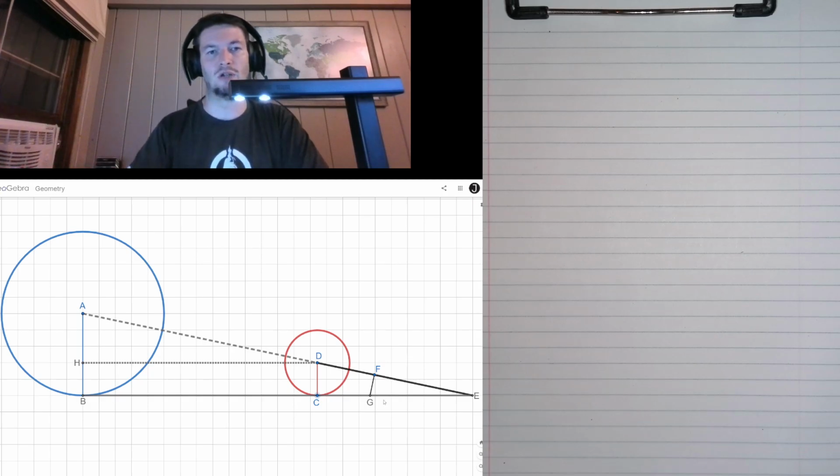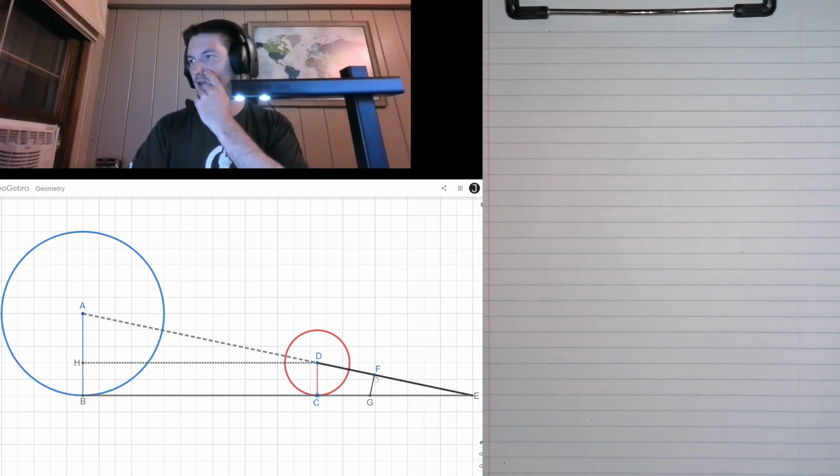So once again, we can use the ratio of side lengths to determine the side that we want. Now, the side that we want in this smaller triangle is, we're going to call it the base of the triangle here. It's FG. Now, this side is proportional to this side here.